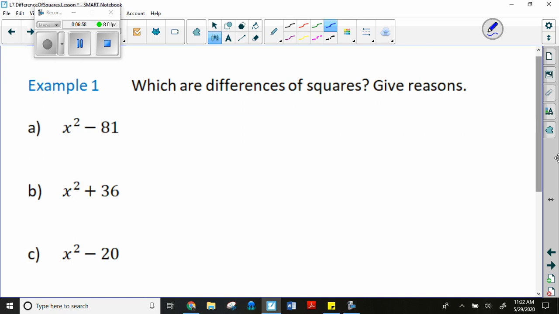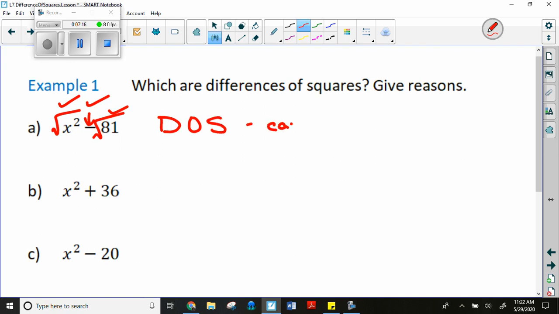So when I'm looking at this, I can take the square root of x squared. There's a negative in the middle. And I can take the square root of 81. This is a difference of squares.